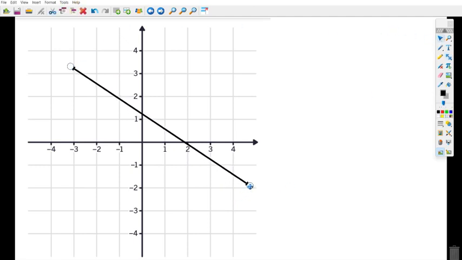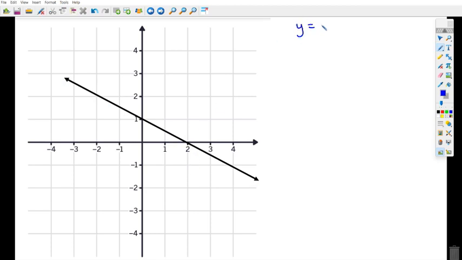Let's go and do that down there. There we go. And I say go find the equation of that line. In order to draw up an equation of a graph, I always start with the general equation. So y is equal to mx plus c.